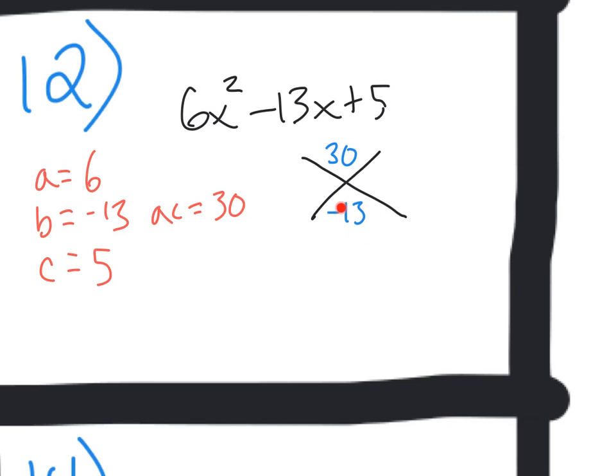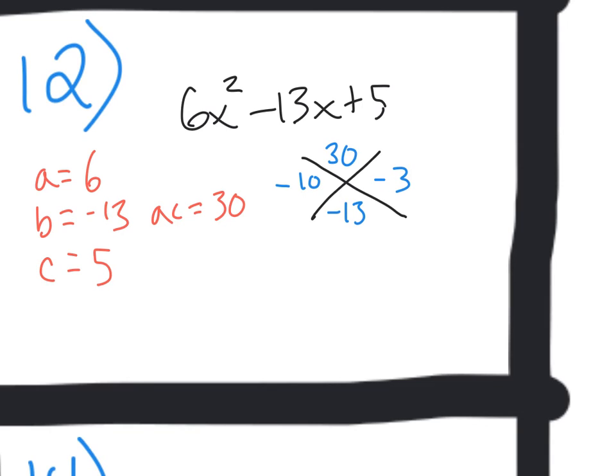Since this bottom guy is negative and this top guy is positive, I know I'm going to have to follow the form negative, negative. Because a negative times a negative will make a positive, and a negative plus a negative makes another negative. And here we're going to get 10 and 3. Negative 10 times negative 3 makes 30. Negative 10 plus negative 3 makes negative 13.